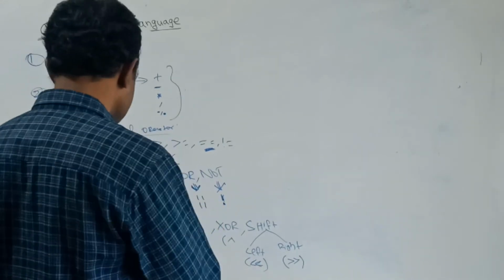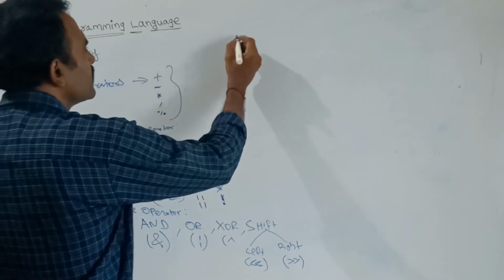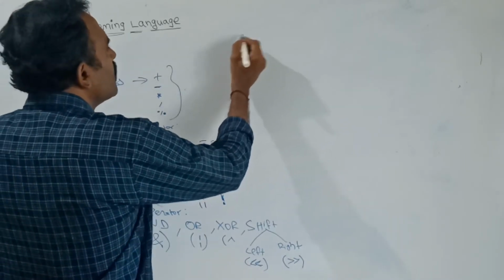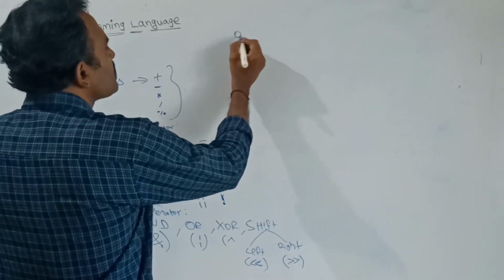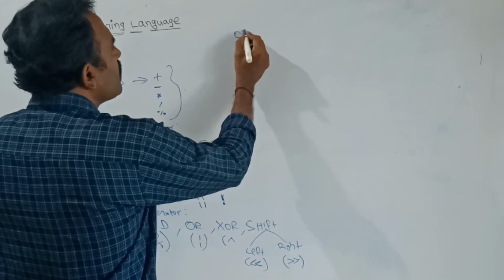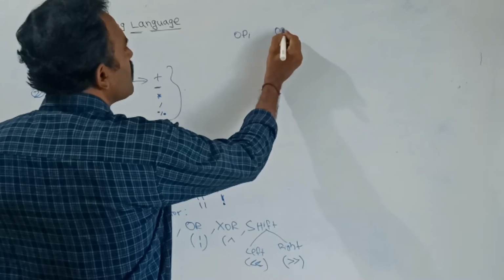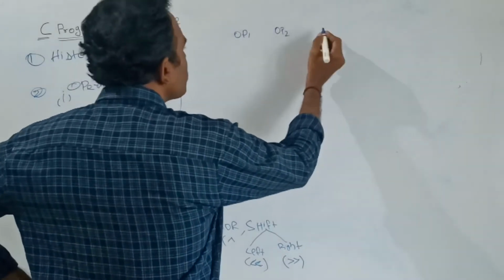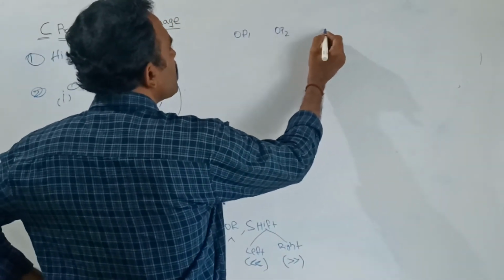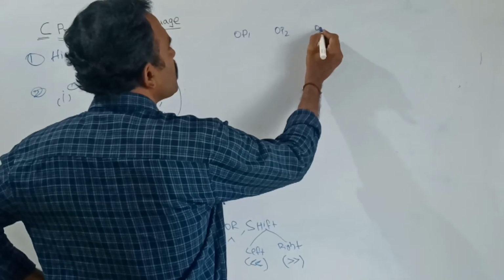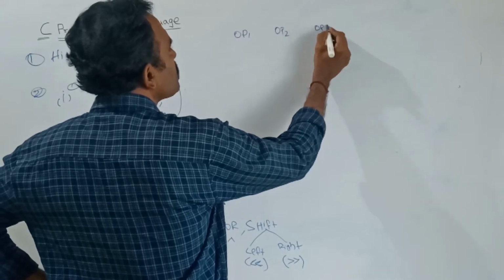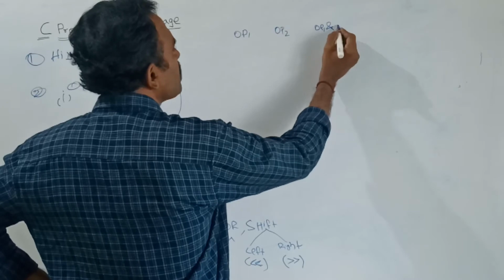Let us see the truth table of the bitwise operators. First the operand values, operand 1 and operand 2. What will be the result when we use the AND operator on operand 1 and operand 2?